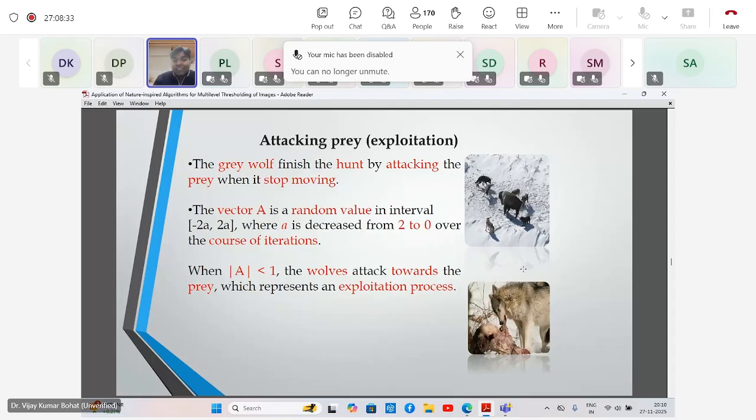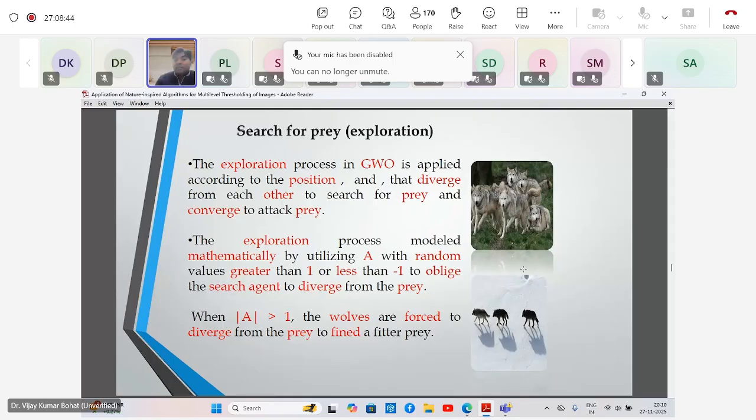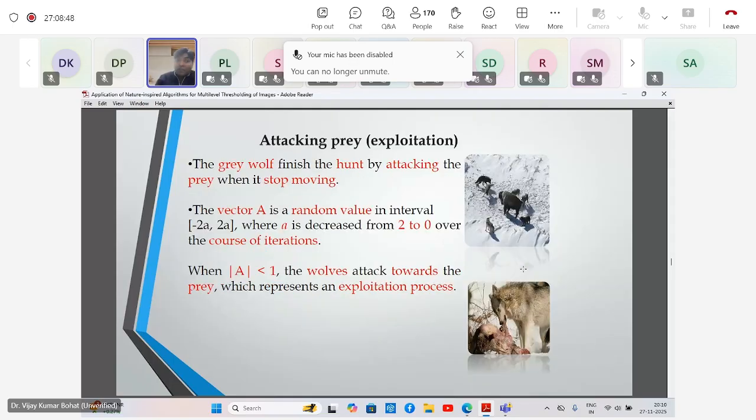When mod of A is less than 1, the wolves attack the prey, which represents the exploitation process. And when mod of A is greater than 1, which happens when small a is near 2, exploration takes place, and as small a decreases towards 0, exploitation starts.